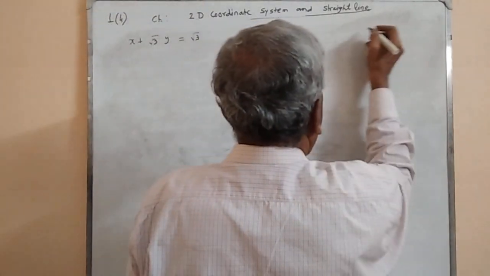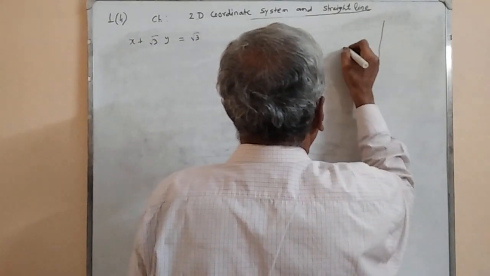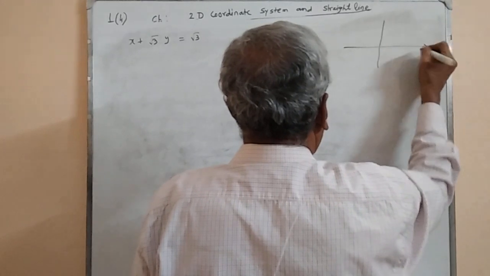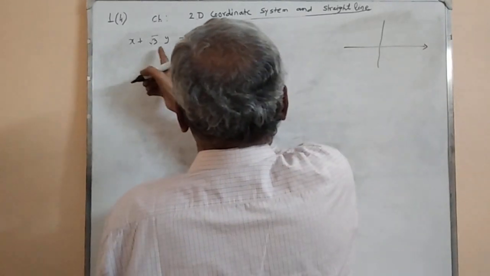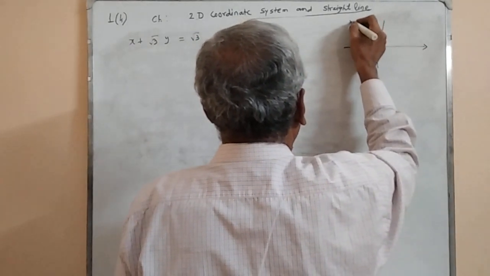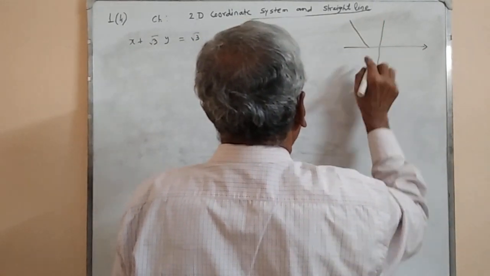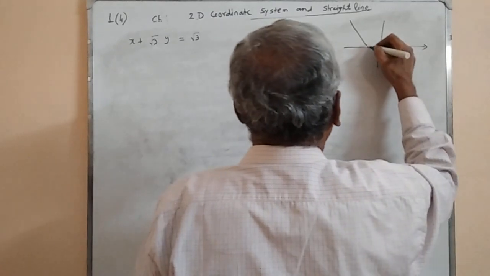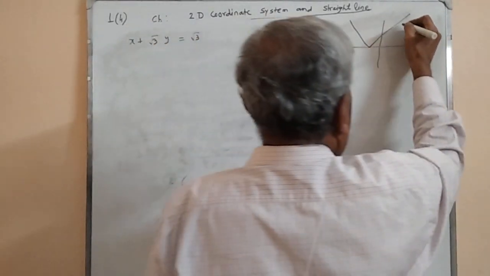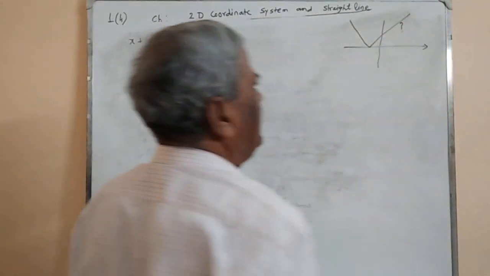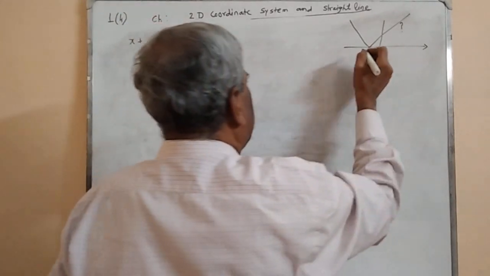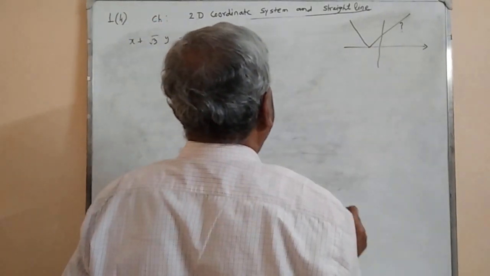Okay, it means suppose this is the x-axis. A ray of light, suppose this one, reaches the x-axis and then is reflected back. We have to find the equation of the reflected ray. This point we can solve very easily.